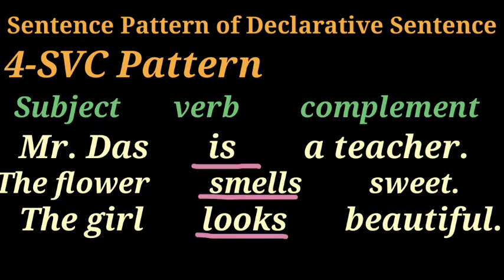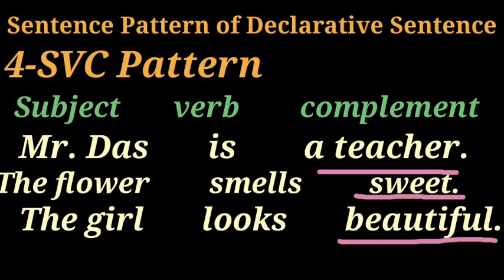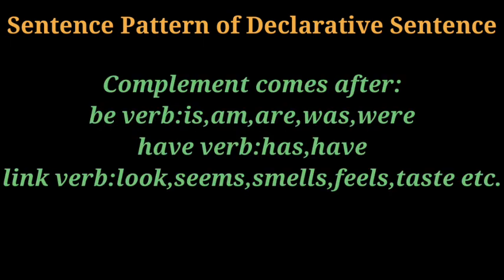Is, smells and looks are the verb and a teacher, sweet and beautiful are the complement. Here the question arises, what is a complement? A complement is normally a noun or an adjective. It comes after verbs like be verbs, that is, am, are, was and were, have verbs like has and have, and link verbs like looks, seems, likes, etc.